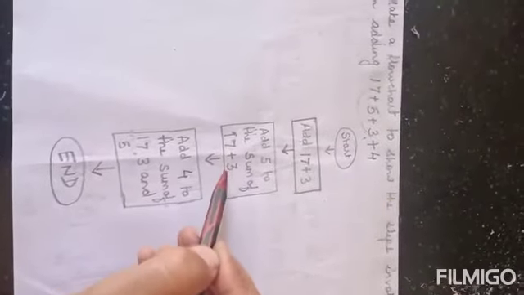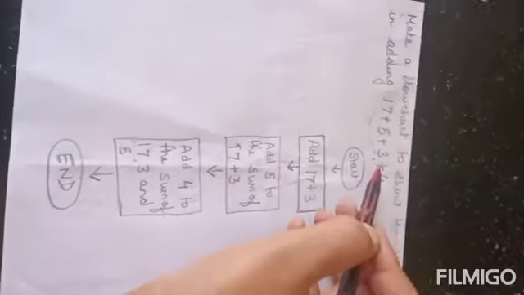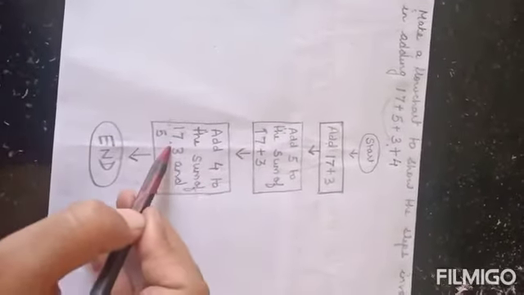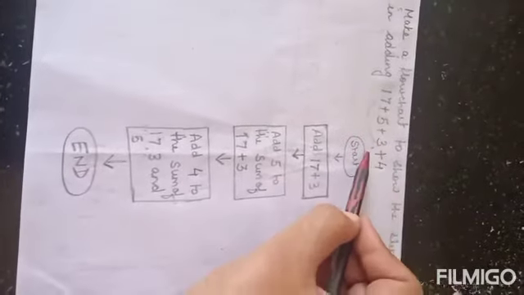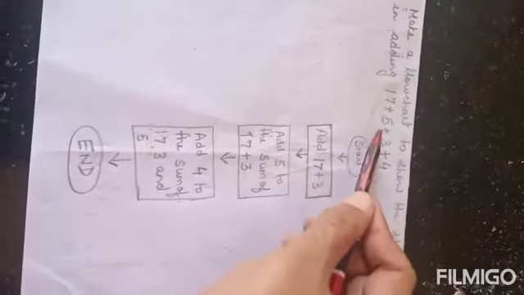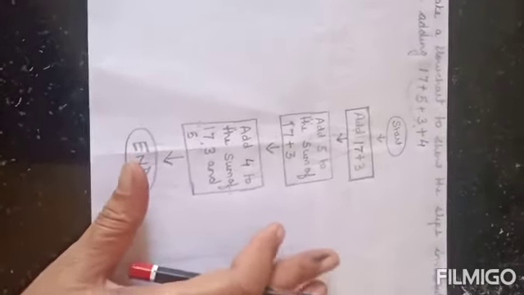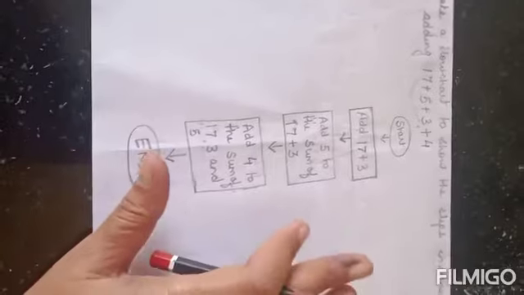So that becomes 25. Now the last number is 4. So add 4 to the sum of 17, 3 and 5. 17 plus 3 is 20, 20 plus 5 is 25, 25 plus 4 is 29. And that's how you will be able to solve this complex problem.